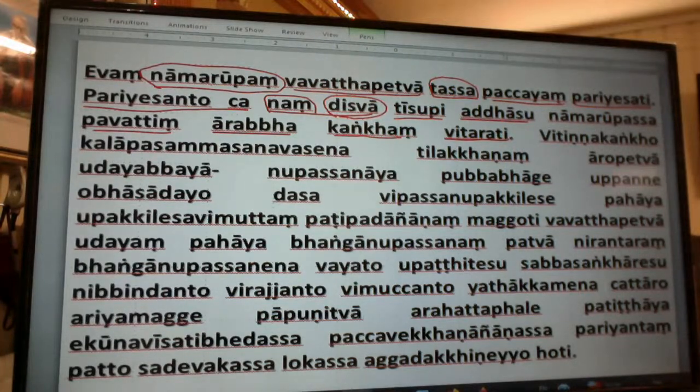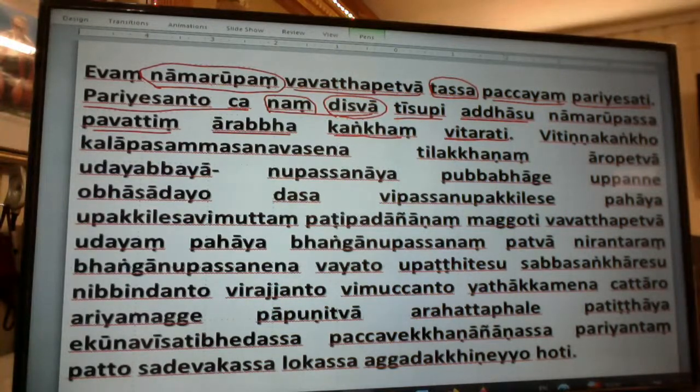So that's why here Pali mentioned like this. First, Kankha, Vichikiccha needs to be overcome, because Vichikiccha makes a lot of trouble.